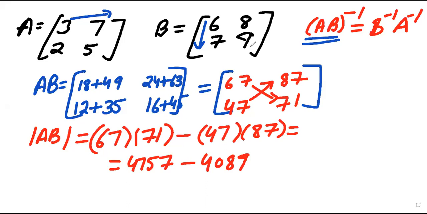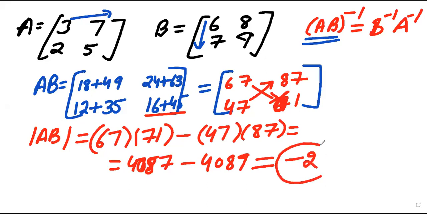Ma'am, 61 will come at the end instead of 71. 61. Okay, this is 61. So let's see this one. If you multiply these values, 67 into 61, that is 4087. Okay, 4087 minus 4089, that will come minus 2. Answer is here minus 2.